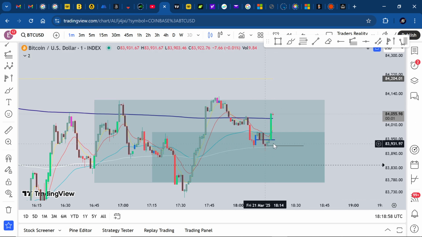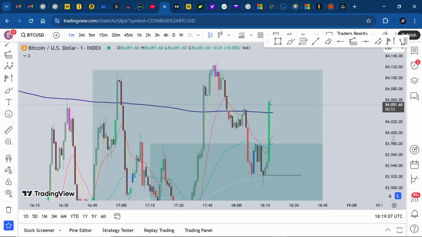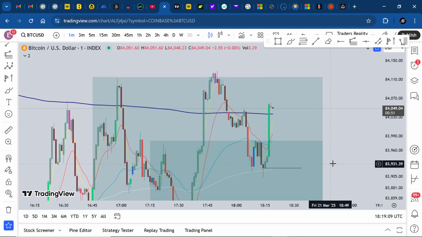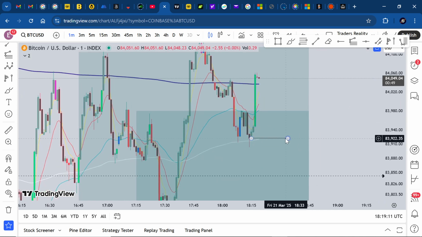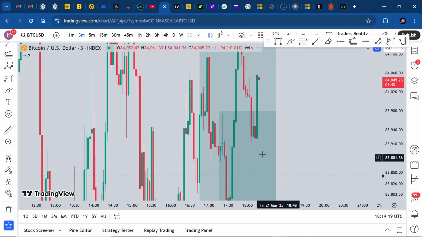That was a nice play. Cross that line there. It's just coincidence, but yeah, one wickless candle, and that's a minor. I'm not even watching that anymore. It could be part of this candle on some time frame, like the 3 minute.